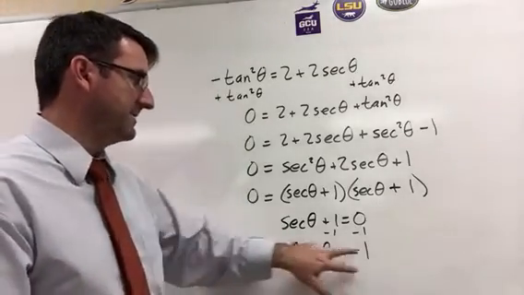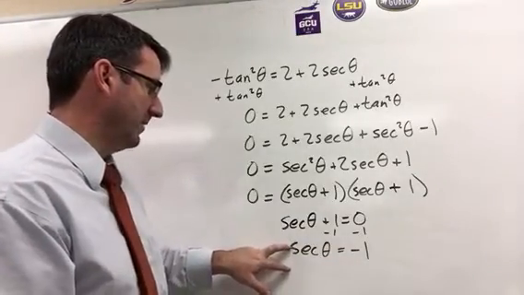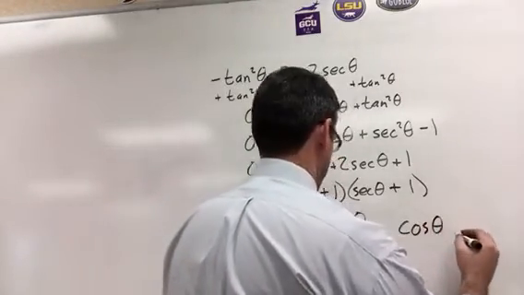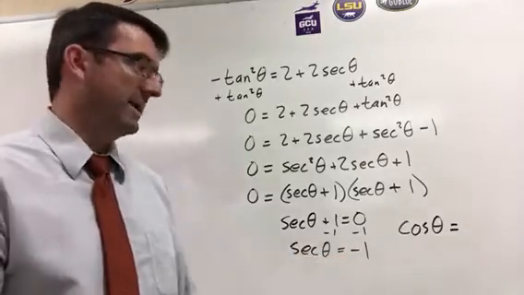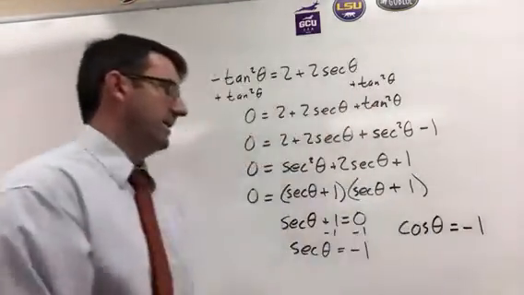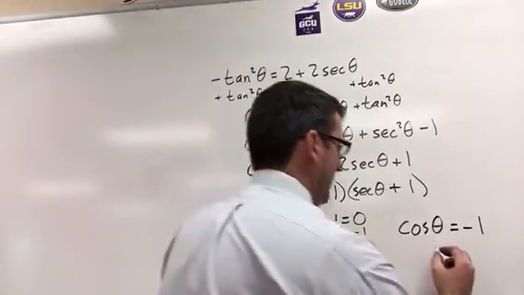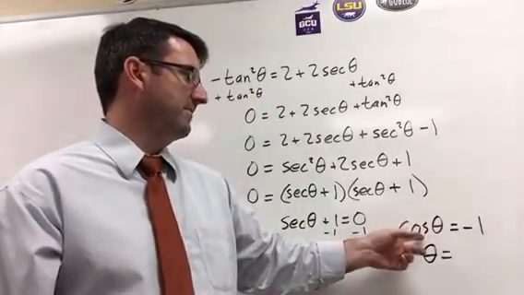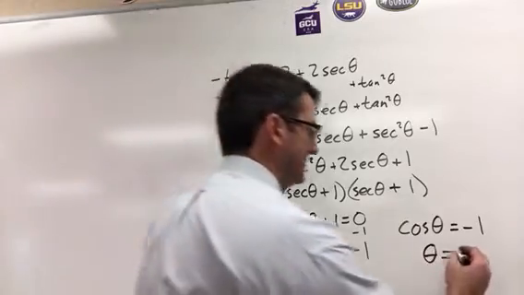So if we take the reciprocal of both sides, we get 1 over secant, which is cosine, is equal to 1 over negative 1, which is still negative 1. So cosine of theta is equal to negative 1. And we look on our unit circle and we see that cosine of theta is equal to negative 1 when theta is equal to pi.